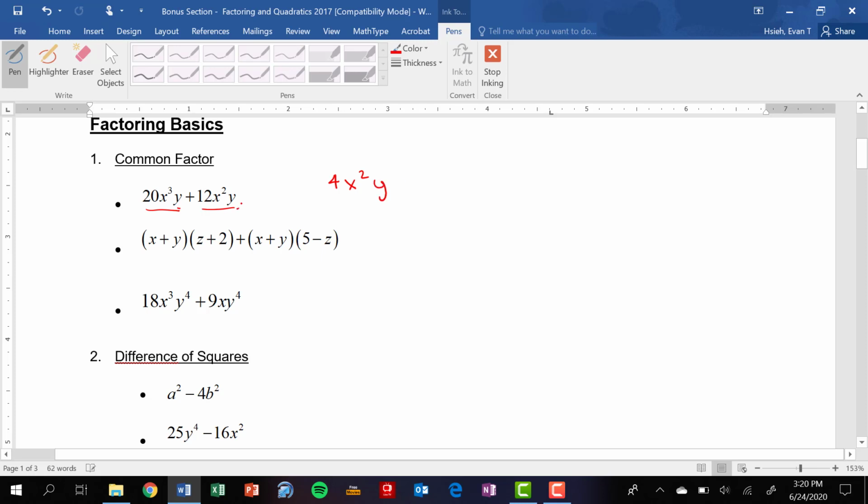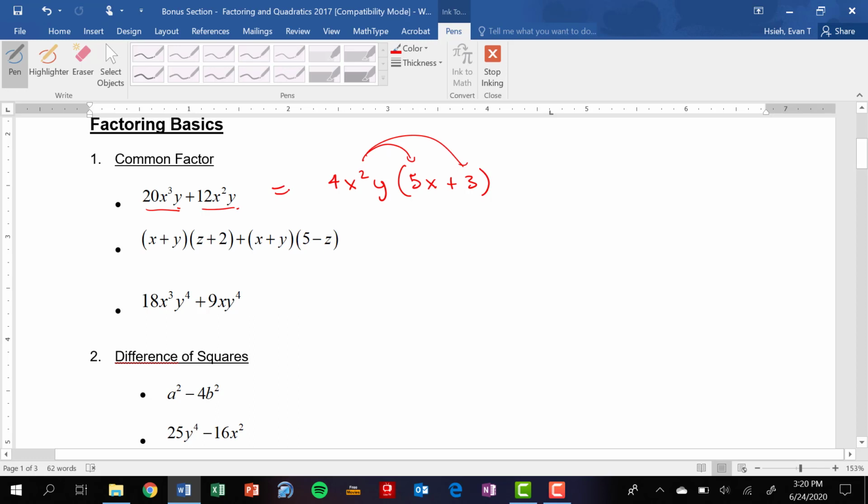There's a y in both of these terms. And what I'm left with is 5x from the first term and 3 from the second term. You can always check to see if you did it right simply by distributing this back and seeing if you get what you started with.